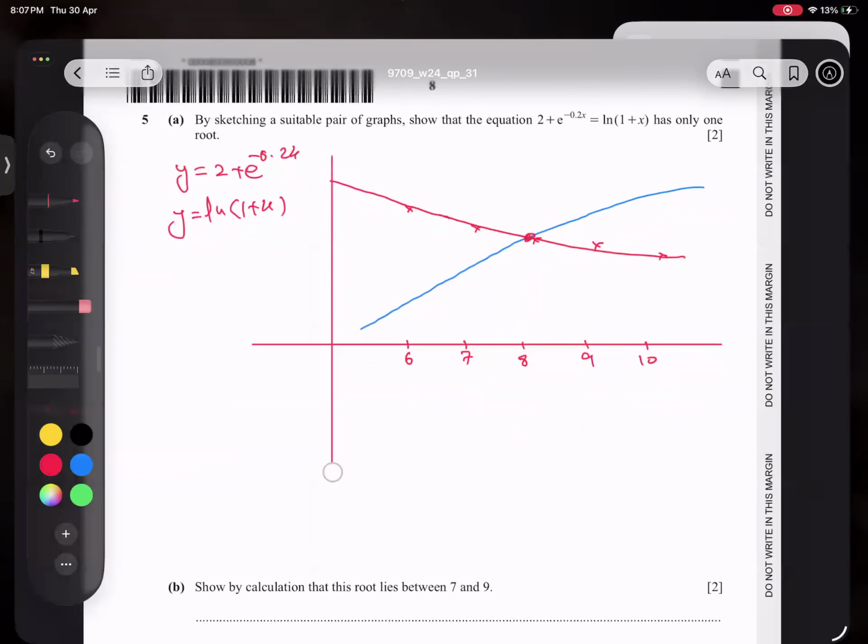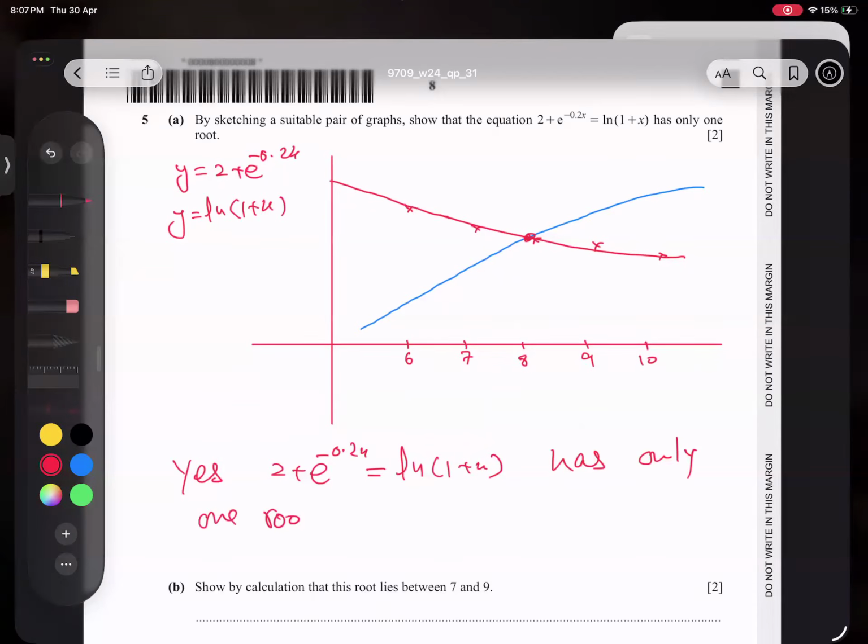And what to write as the last statement? 2 plus e to power negative 0.2x is equal to logarithm of 1 plus x has only one root.